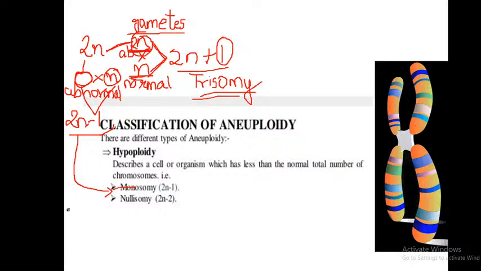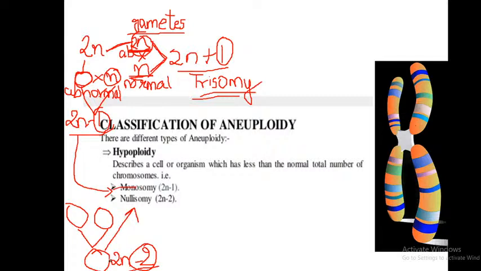Now, as mentioned, there are two abnormal gametes with no chromosomes. When two abnormal gametes fuse, there is no number there either. If we write the chromosome complement, where 2n should come, two are missing. That is 2n minus 2. Here 2n was supposed to be there, but 2 are missing. That is 2n minus 2. Here 1 is missing, that is known as monosomy, and this condition is called nullisomy. When an individual has 2 chromosomes less than the basic number, that individual is 2n minus 2.